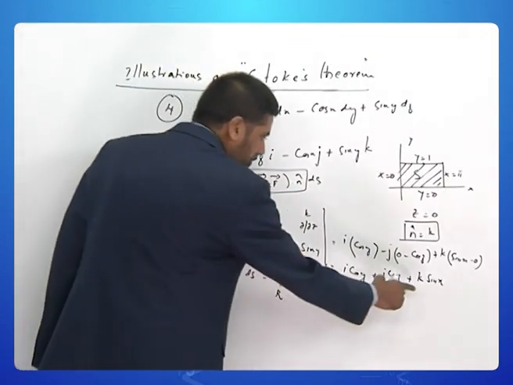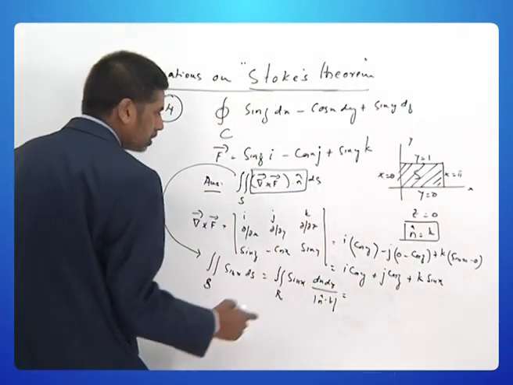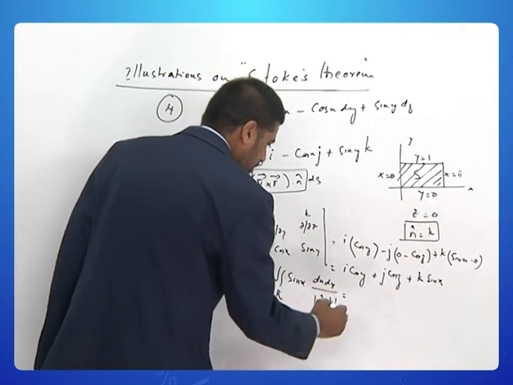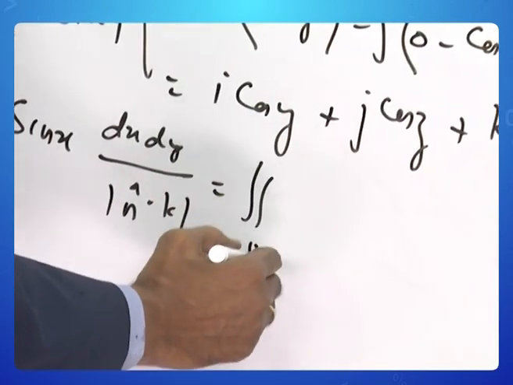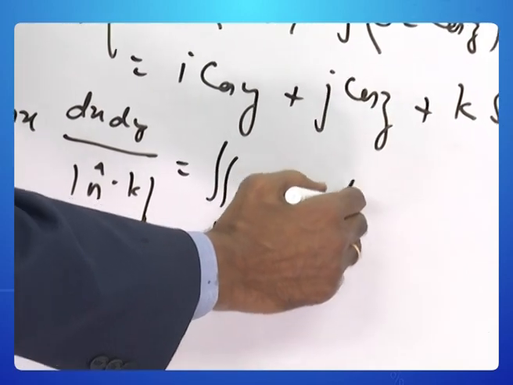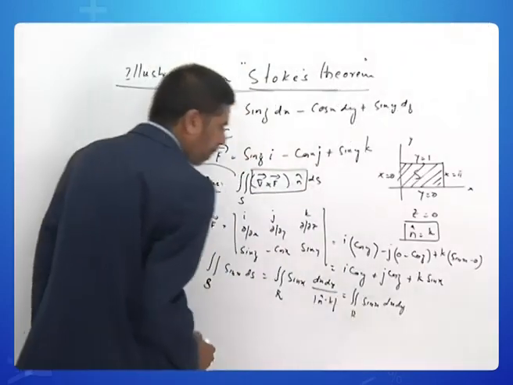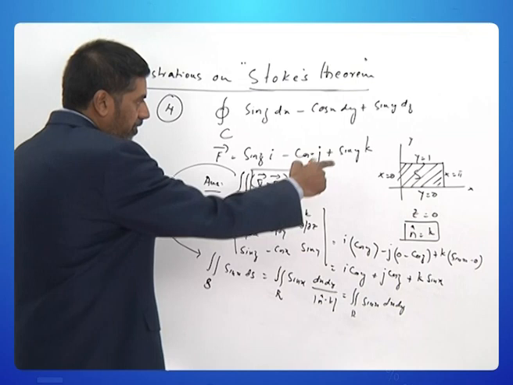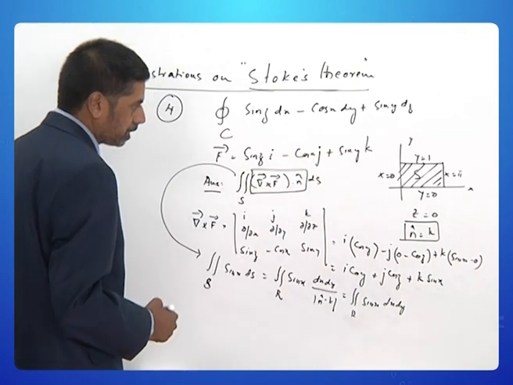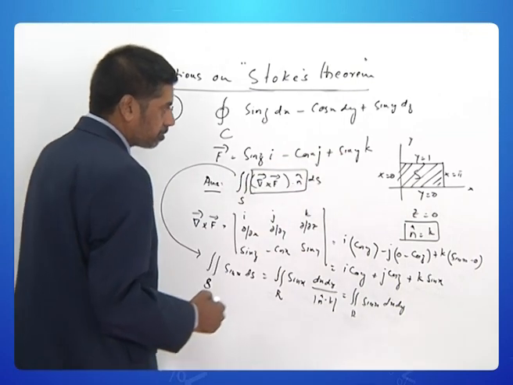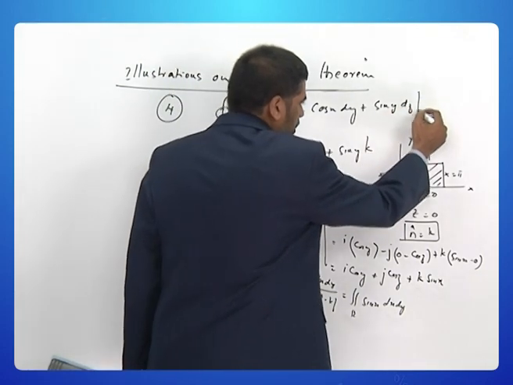But n dot k is nothing but 1. So therefore this would be double integral over R sin x dx dy. And this is the region of integration. Therefore you can easily perform the integration with limits being constants.